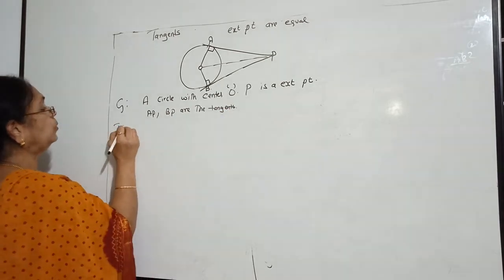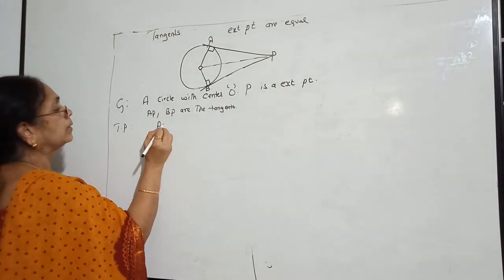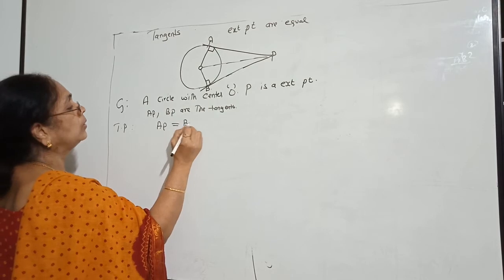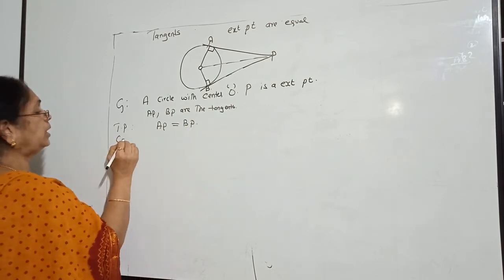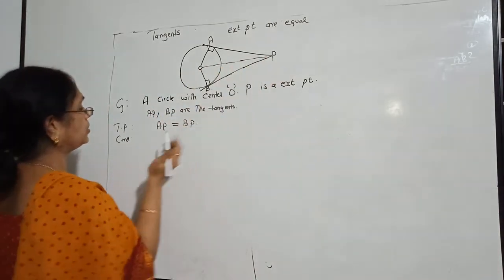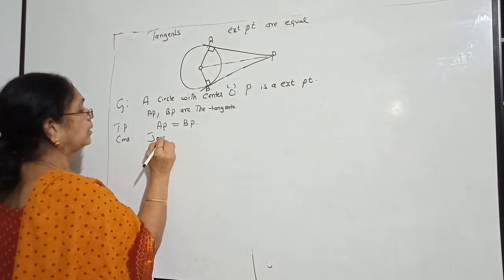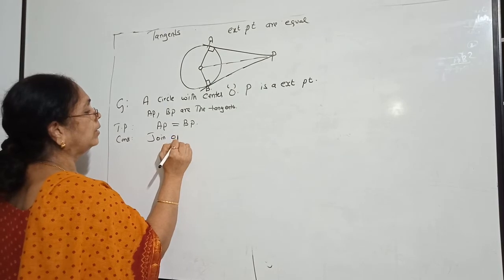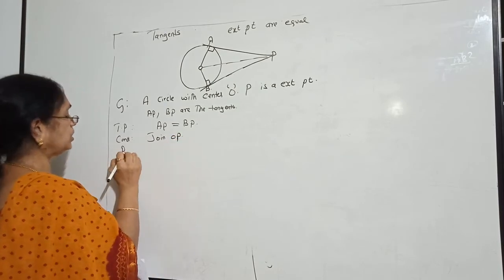Now what you need to prove? AP is equal to BP. You need a construction for that. Just now what I did, I took this and joined. That's all. Join OP. Now how to start the proof?